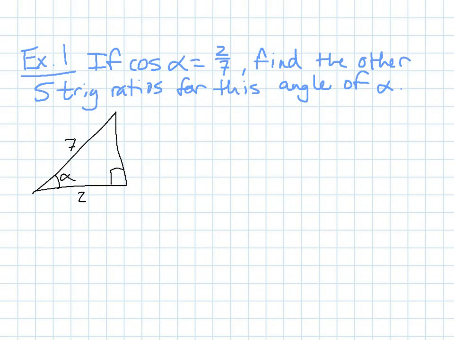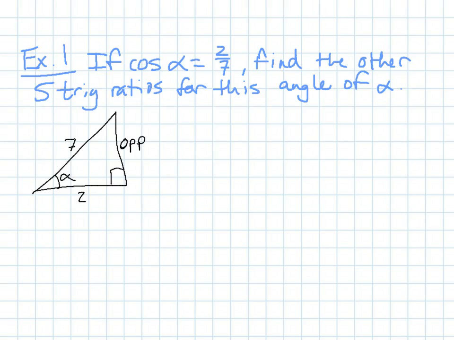Now, what I need to do is find the opposite side. So I need to use the Pythagorean theorem to help me find the other missing side so that I can find all my trig ratios.